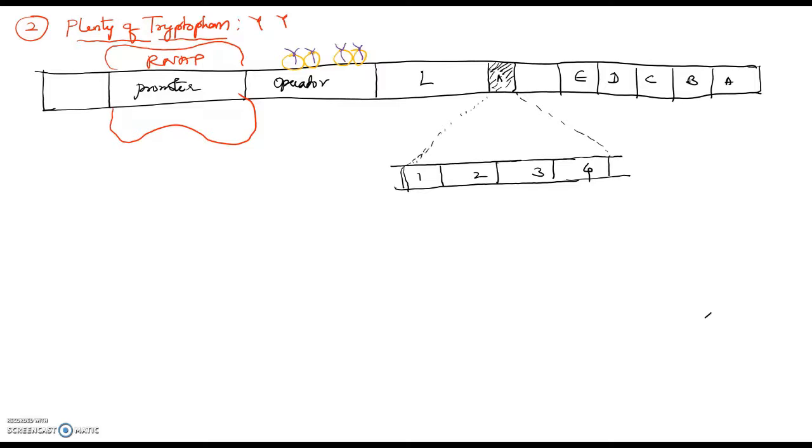But most of the time, RNA polymerase will skip this repression because of its overwhelming action, and it will come onto the L site and start transcription of mRNA.